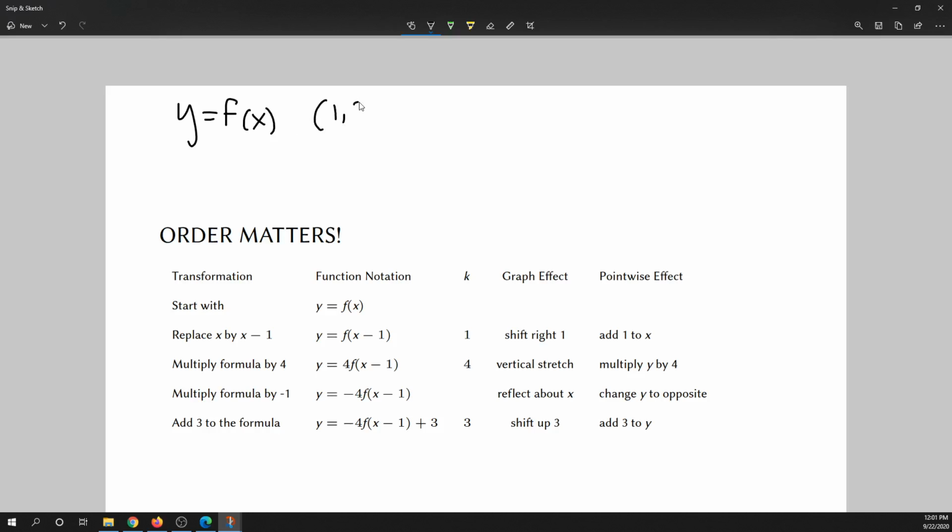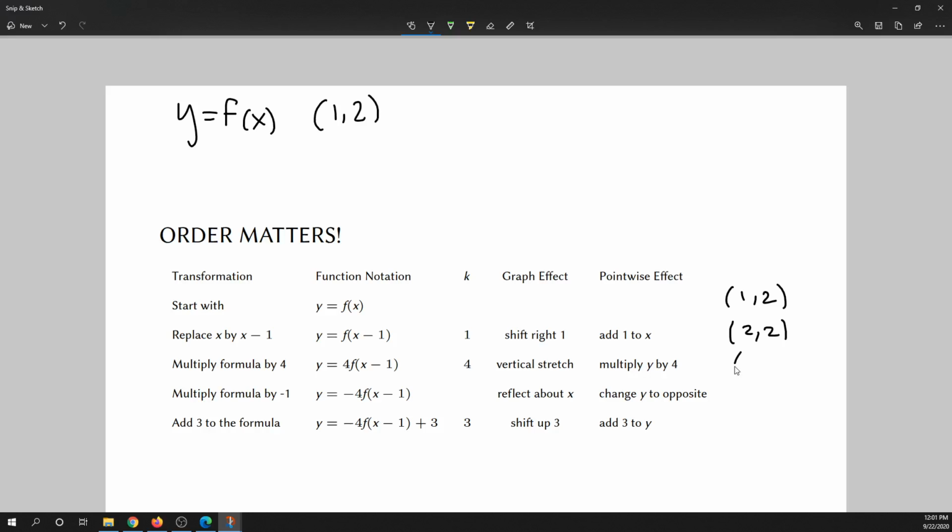Okay, there's a point on y equals f of x. Then what I would do is go through these series of transformations, step by step, and figure out where this point would go. All right, so what I would do first is add 1 to the x value. So that point would have gotten moved to 2, 2 by this transformation.